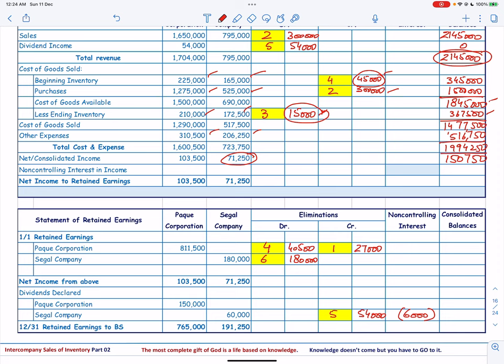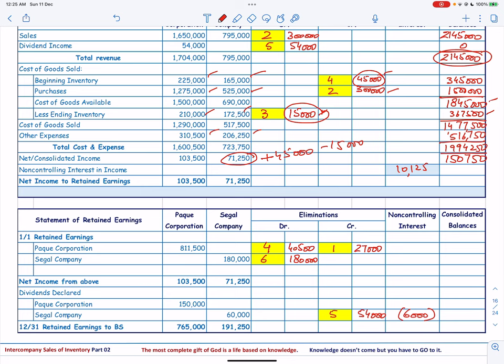So we have 71,250 plus 45,000 and minus 15,000, and we will calculate 10%, and 10% of this amount will be 10,125.